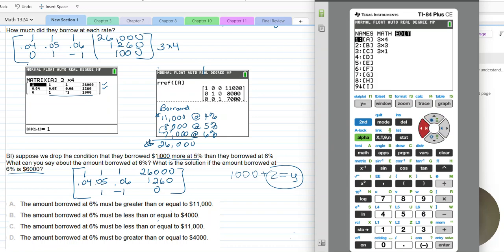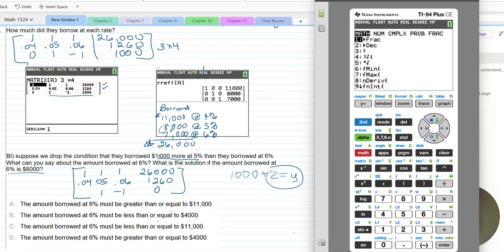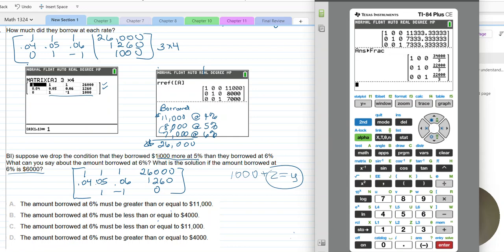Sorry about that. Second matrix, RREF, second matrix A. Solve it. And we get this. And we go math frac. And they would be given a third of everything. Everybody would get the same.